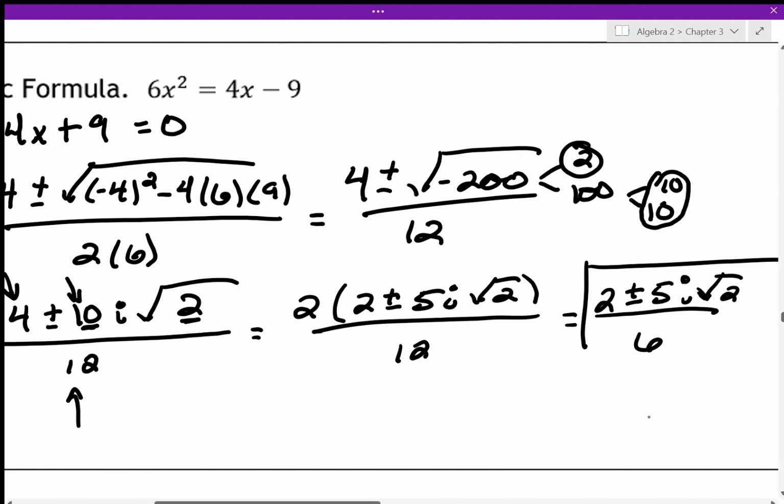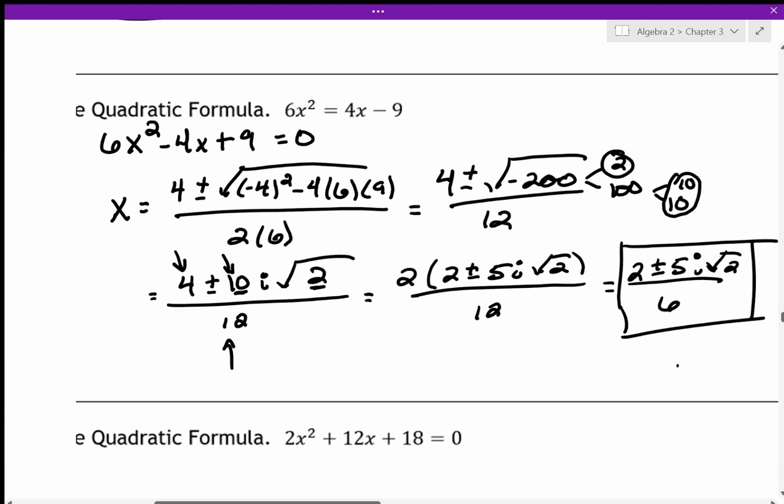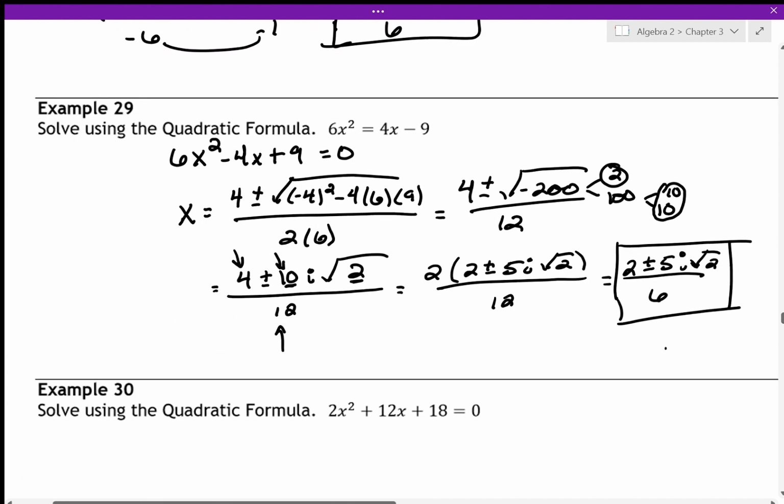And that's going to be our answer there. A common mistake would be to try to reduce the 6 and the 2 again, but you can't because of this 5. That 5's not even, so you can't reduce them again.